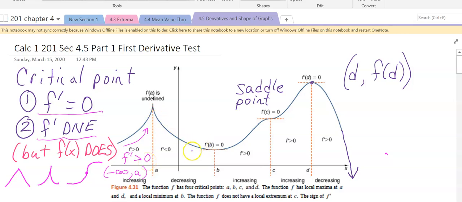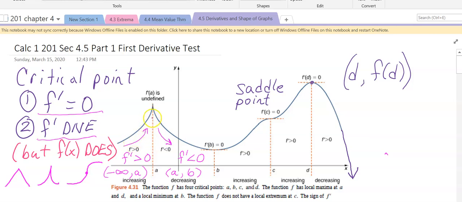On the right side of A, on the next interval between A and the next critical point B, we can see that the graph is generally downhill, which means that the first derivative is negative. The slope of the tangent line is downhill.